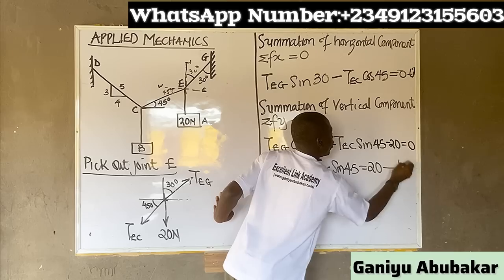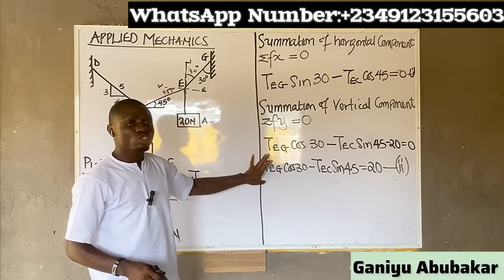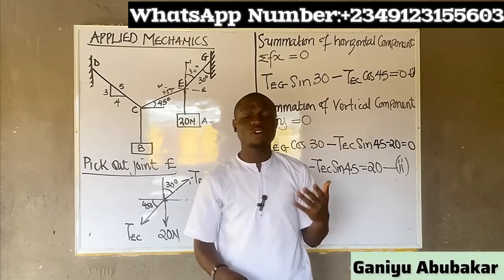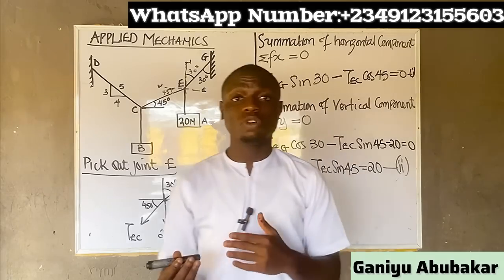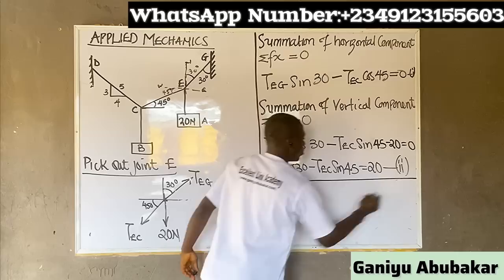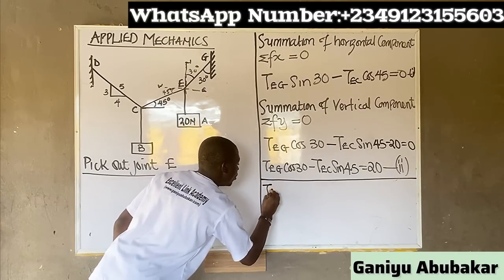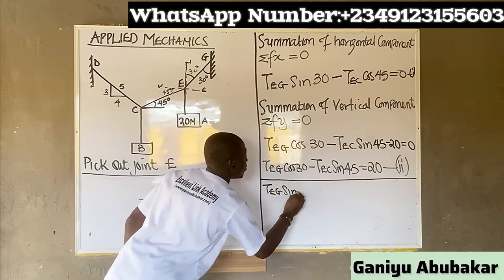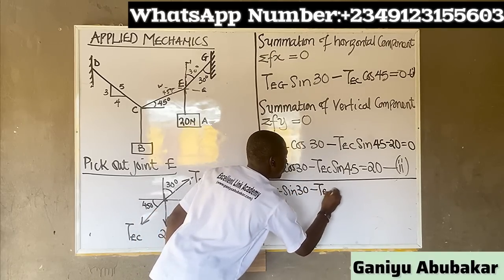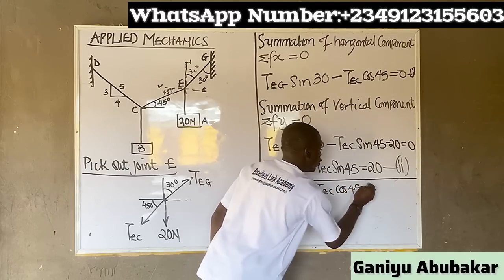Call this equation 2. So I'll solve equation 1 and 2 to get TEG and TEC using the idea of simultaneous equations, right? So picking out the two, equation 1 has this: TEG sine 30 minus TEC cos 45 equals 0.